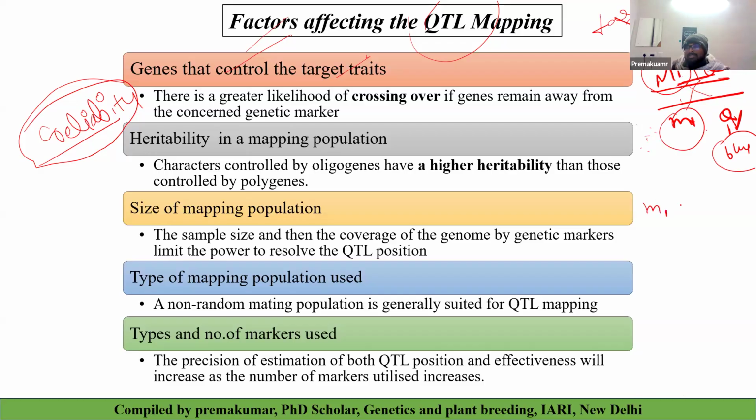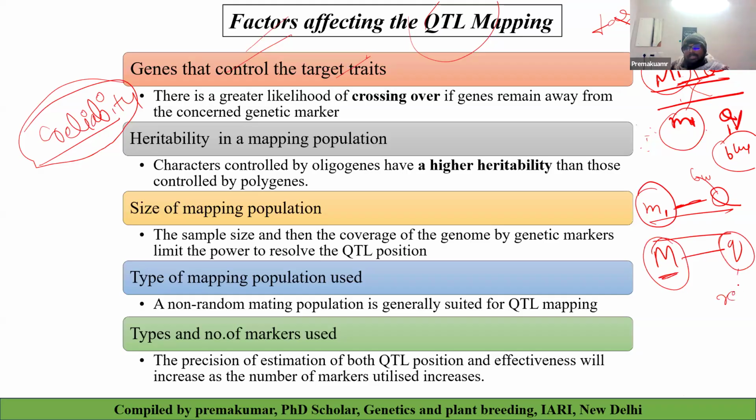What will happen? Marker 1, small m will come with capital Q, capital M will come with small q. Then if you are selecting the small marker allele, what will happen? Blue color is expected, but you are getting red color flowers. If you look at the capital M allele, you are expecting red color but you get blue. It means your selection will go wrong if the marker is far away from the QTL.